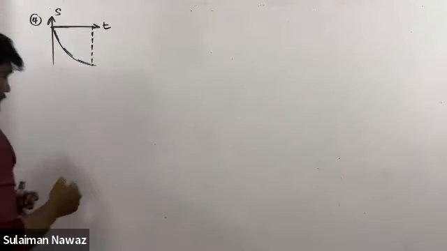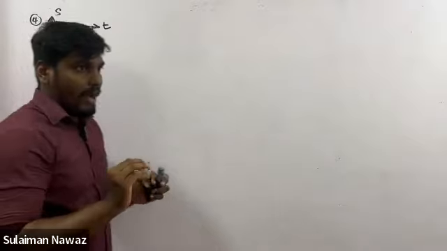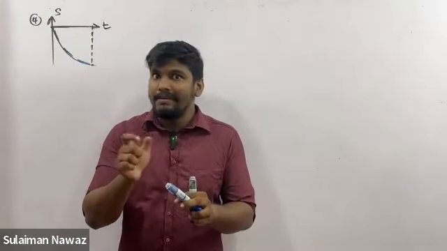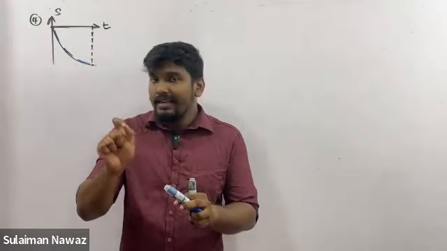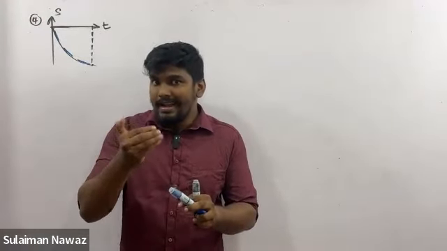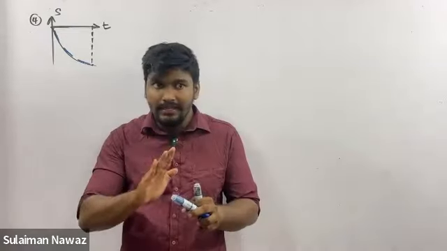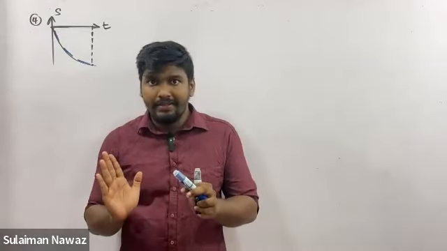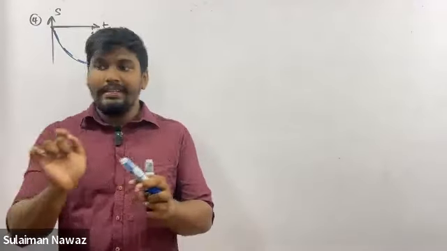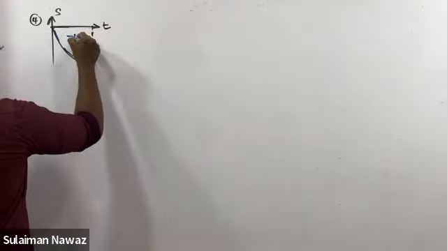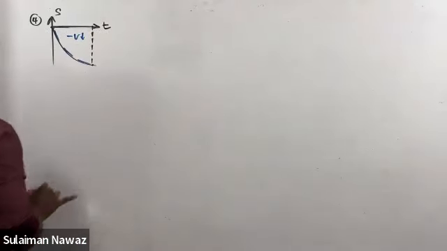Then what can you say about the gradient? Obtuse angle increases, that means negative gradient decreases. Negative gradient decreases in the sense negative velocity decreases. Am I correct? Negative velocity decreases.